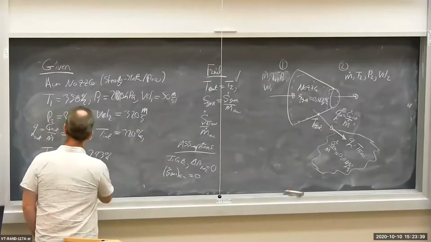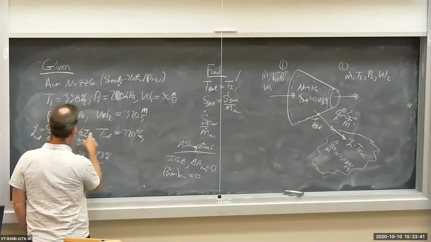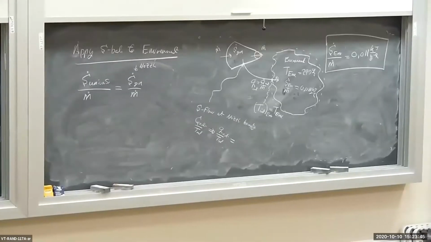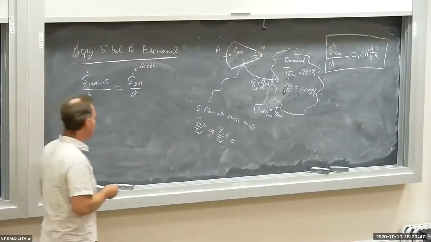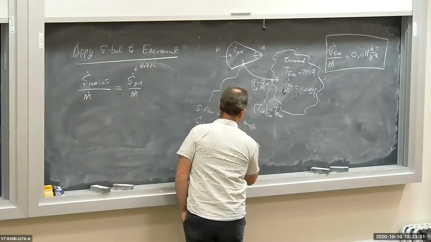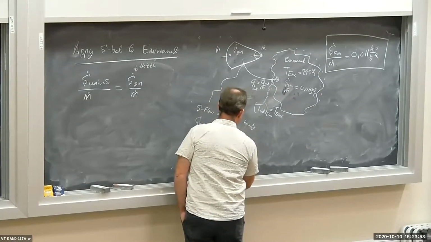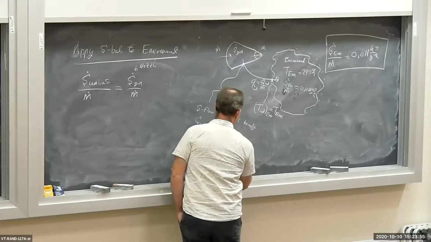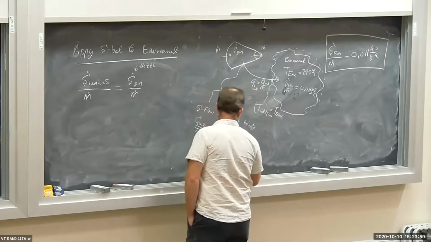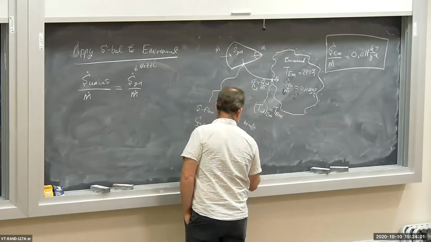Let's see, 3.2 kilojoule per kilogram, and the nozzle interaction temperature is 320 Kelvin. So 3.2 kilojoule per kilogram, and 320 Kelvin.